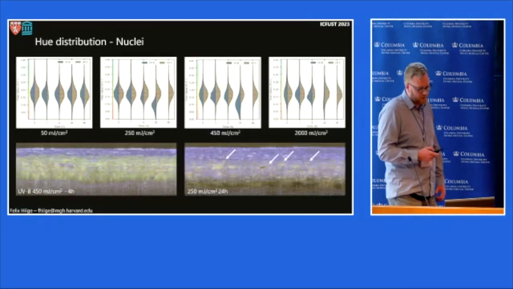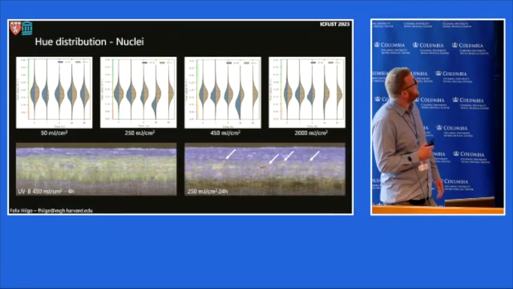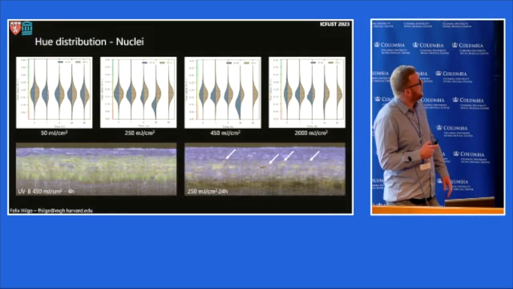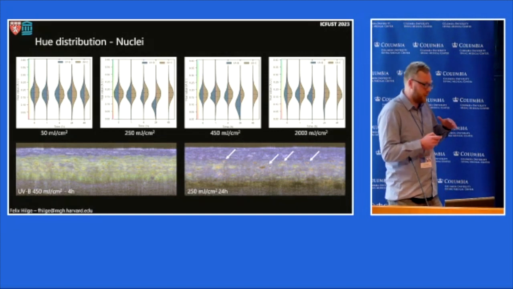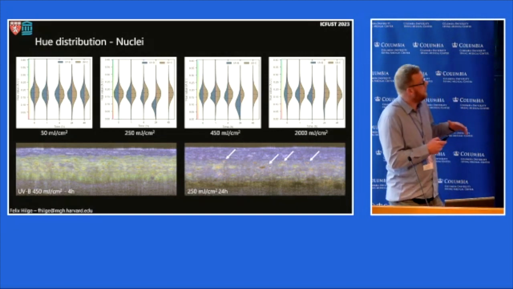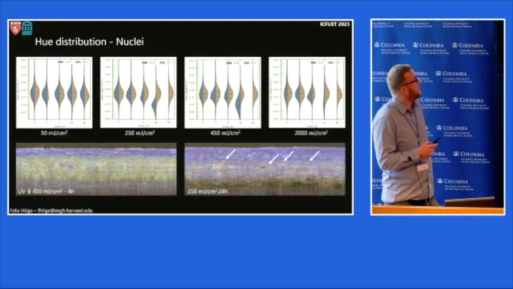With the exposed samples, it's different. So UVB, with 250 millijoule per centimeter squared and above, after 4 hours, the hue value distribution curve is more skewed into the red color or reddish hue values.